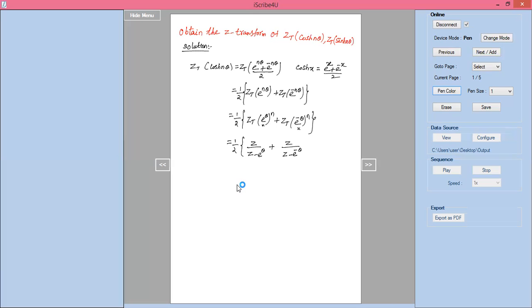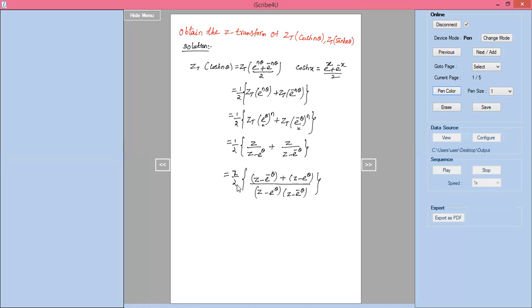Now if I take LCM for this, 1 by 2 into, I'll take Z outside. The denominator should be Z minus e power theta into Z minus e power minus theta. Outside, Z minus e power minus theta plus Z minus e power theta.